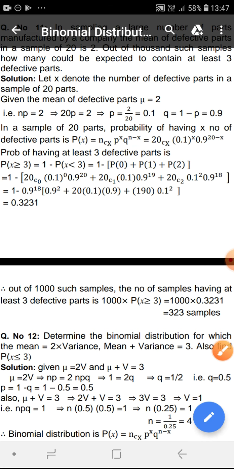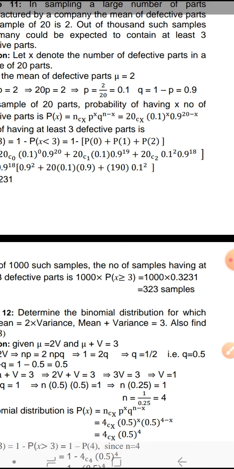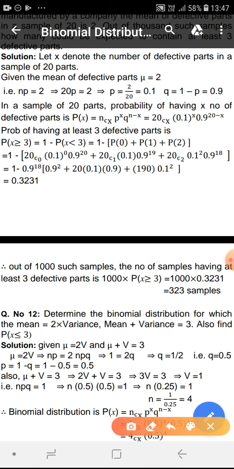Each of these 3 probabilities can be calculated by putting x as 0, 1, 2 in the formula P of x, which is 20Cx into 0.1^x into 0.9^(20 minus x). Calculating that sum, finally we get P of x greater than or equal to 3 as 0.3231.